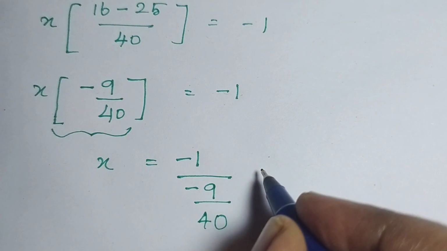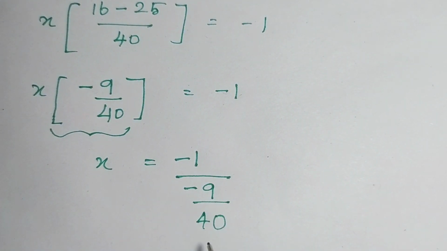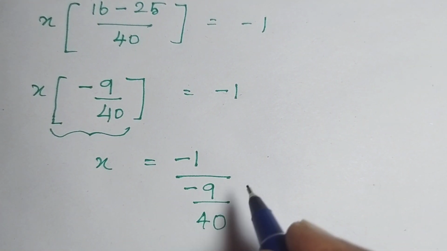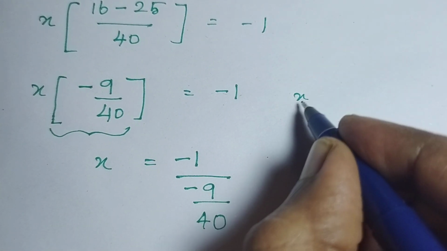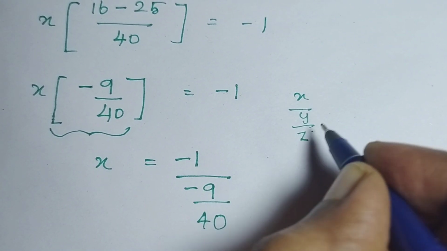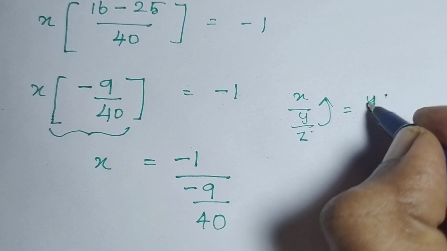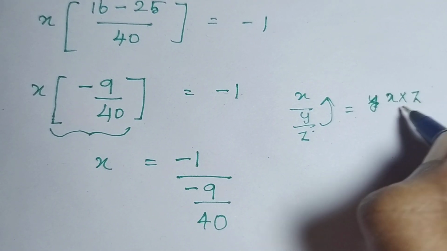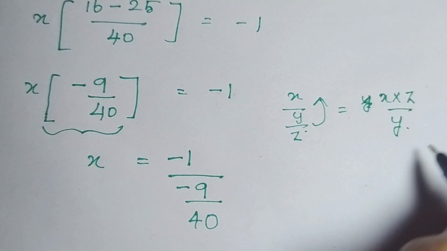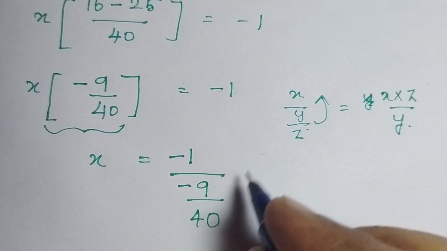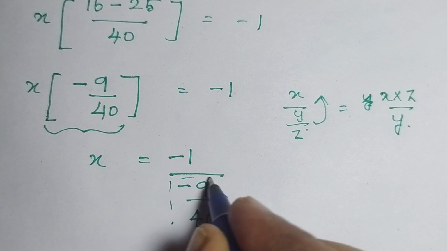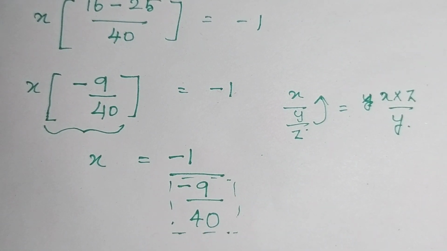Now minus 1 divided by this. If it is like x by y by z, then we can write it as x into z divided by y. We can do this. So similarly apply this: this term gets reciprocal and is written in multiplication.